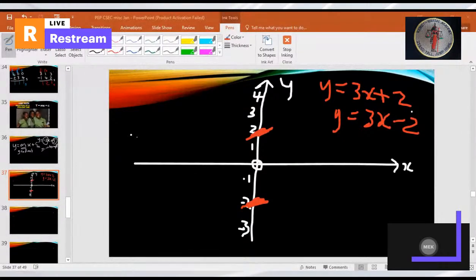And what we mean by gradient is how steep or how smooth the incline, how steep or flat the incline of the line is.